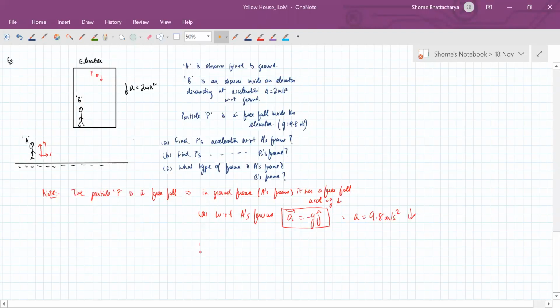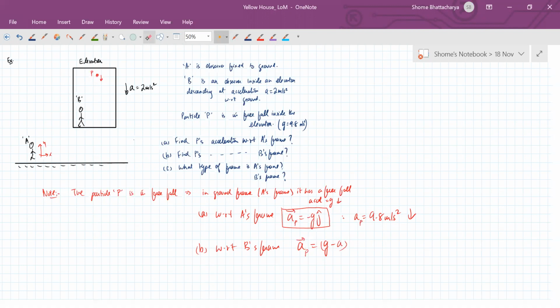But in B's frame, the acceleration of the particle will become g minus 2 downwards.